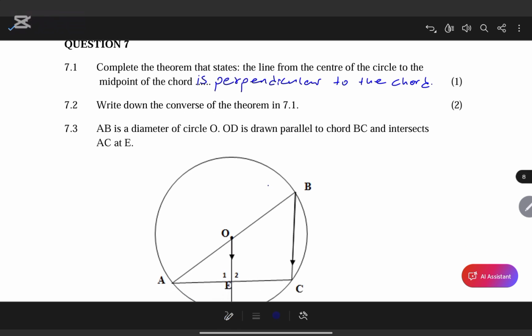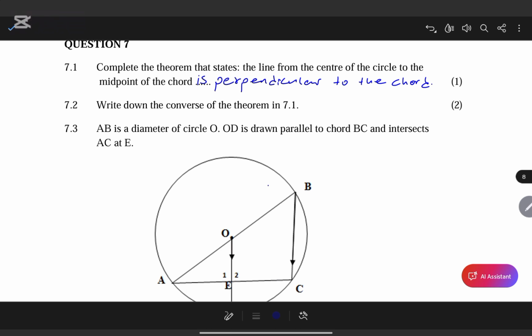Let's look at 7.2. They said, write the converse of this theorem. Now, the converse of this theorem says a line drawn from the center of the circle perpendicular to the chord bisects the chord.